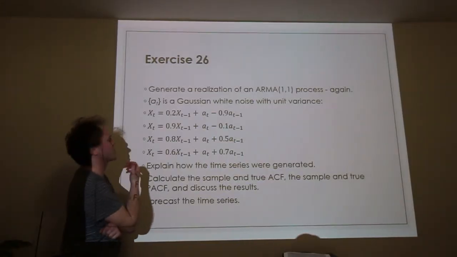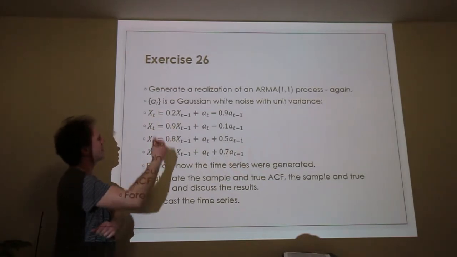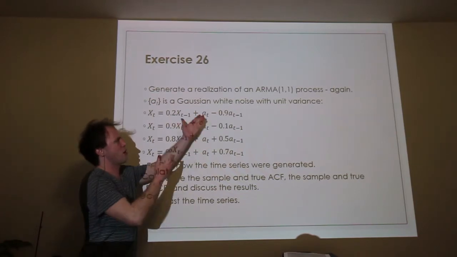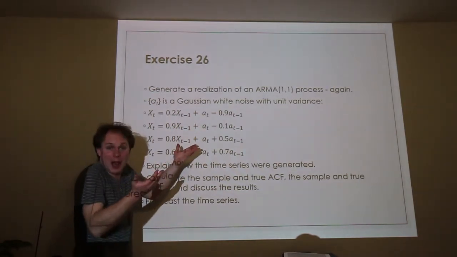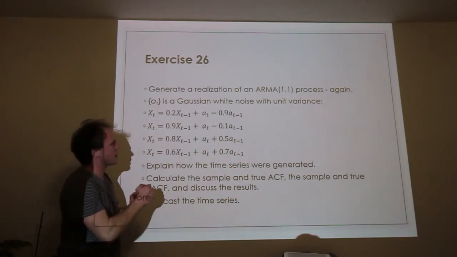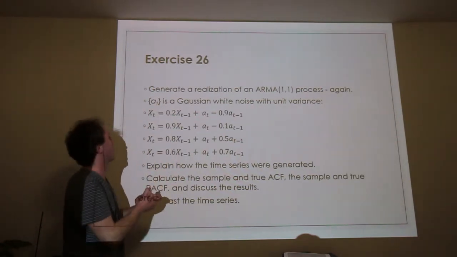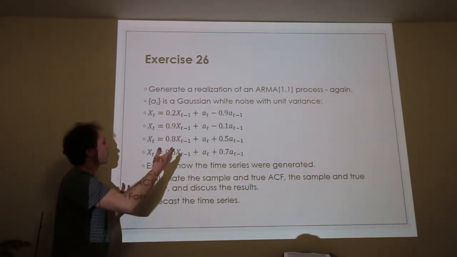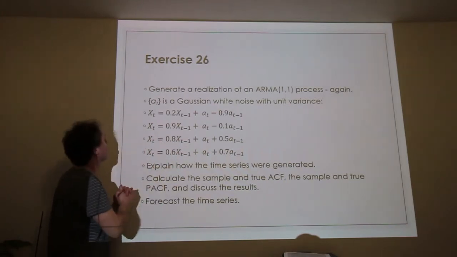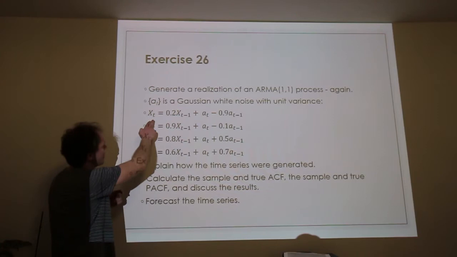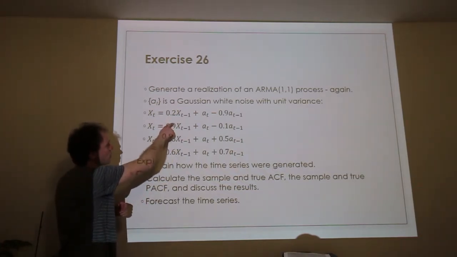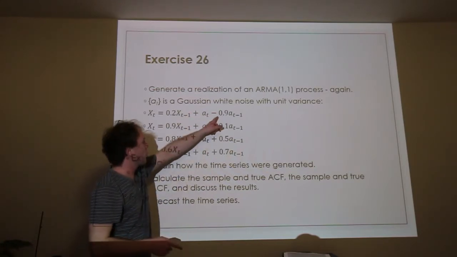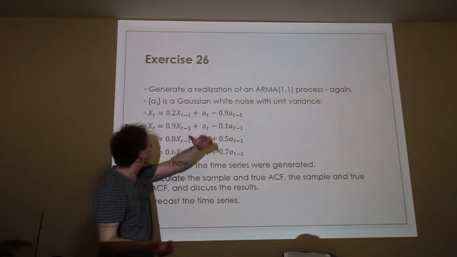There is exercise 26 where we would like to generate a realization of an ARMA(1,1) process again. a_t is a Gaussian white noise with unit variance, and we have here four formulas for the creating of these ARMA processes. x_t will be equal to 0.2 times x_{t-1} plus a_t minus 0.9 a_{t-1}.